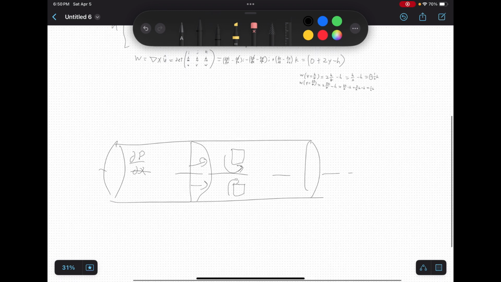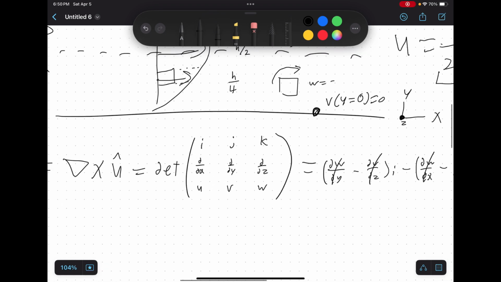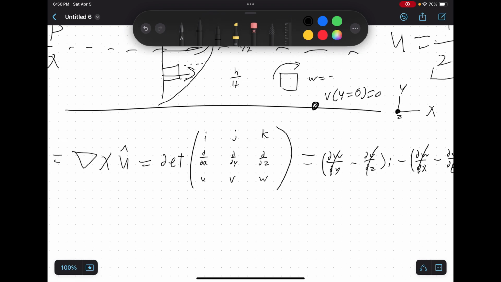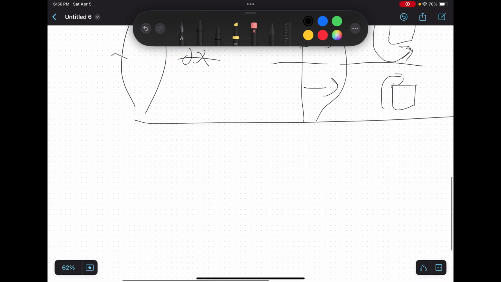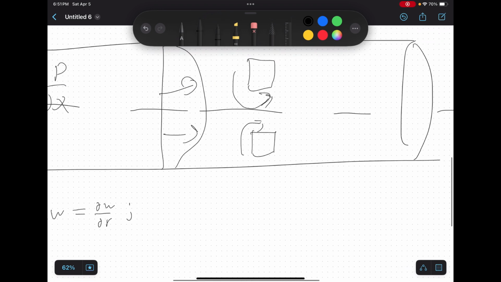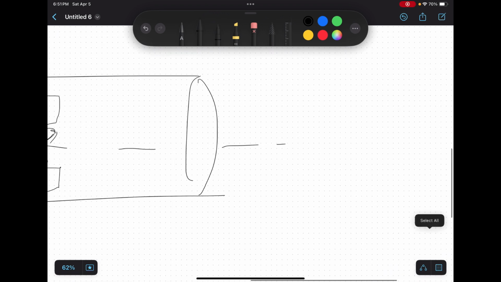I don't have it written out super nicely, but you end up using this exact same determinant approach. You end up with dw dr in the j direction. So let's draw our axis.